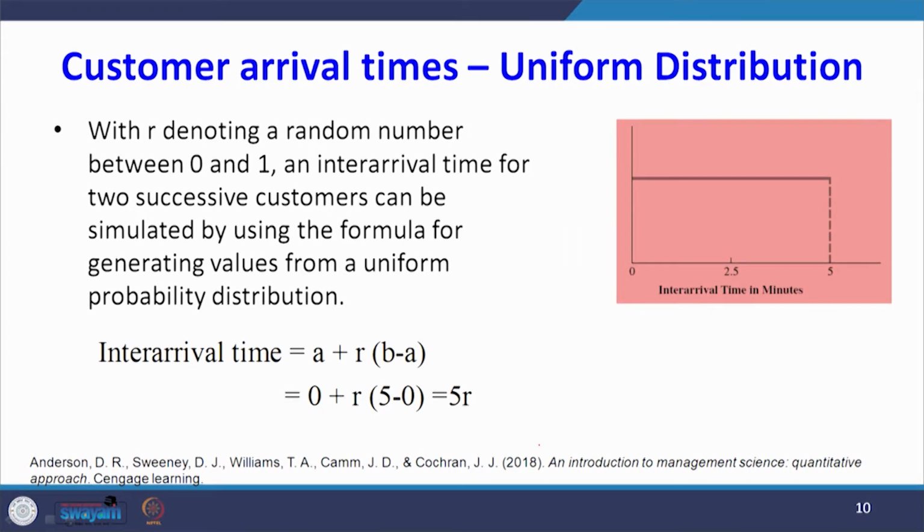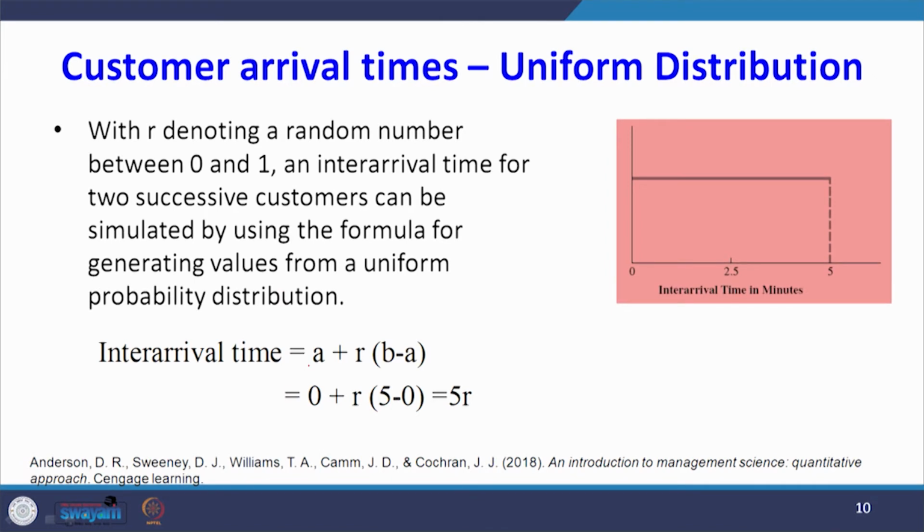With R denoting a random number between 0 and 1, an interval time for 2 successive customers can be simulated using the formula. This formula we have already shown to you. I will show you what that formula is, for generating values from a uniform probability distribution.